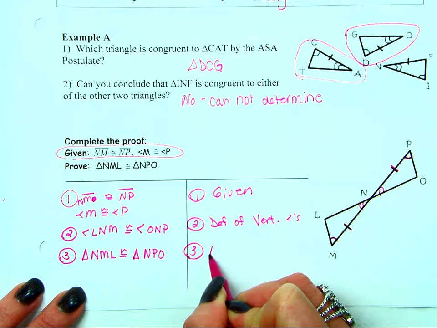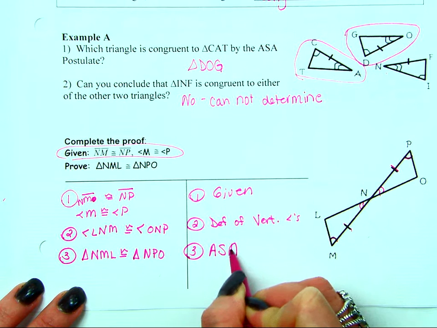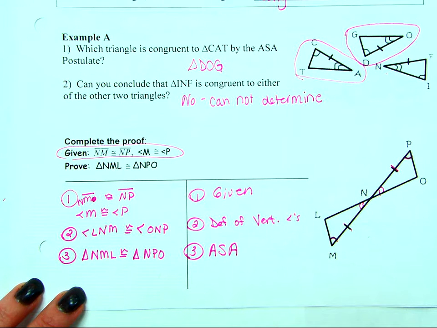Reason being, using the shortcut ASA, or angle, side, angle. I will also point out to you that it's important to include your symbols in your statements because angle LNM is a different statement than saying triangle NML.